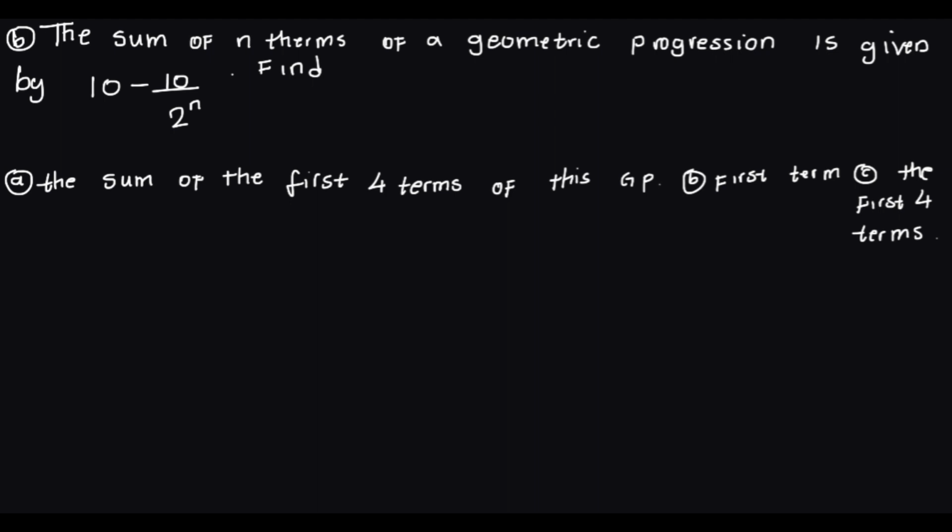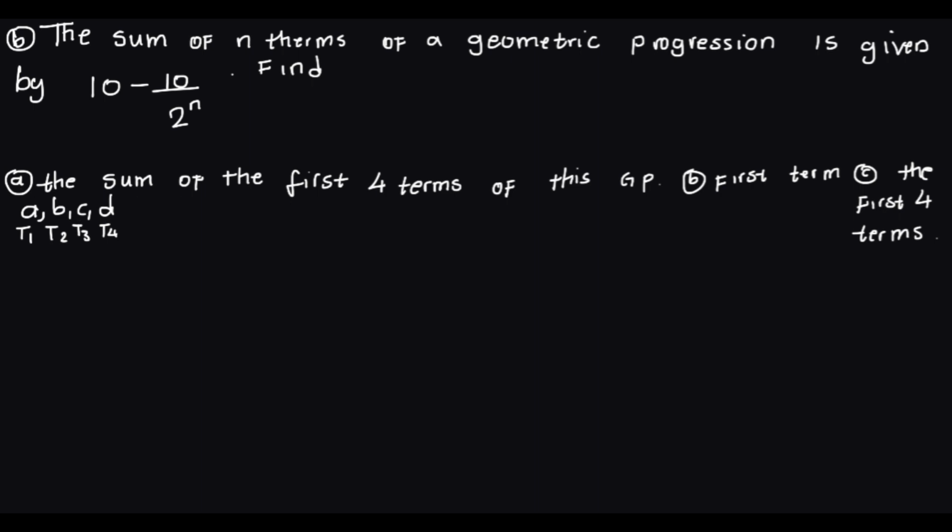Now we have 4 terms that we don't know. So let's say we have term number 1, 2, up to 4. We don't know what these terms are. We just know that we have these 4 terms that we are trying to find for the first part.